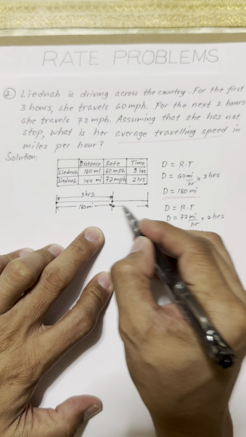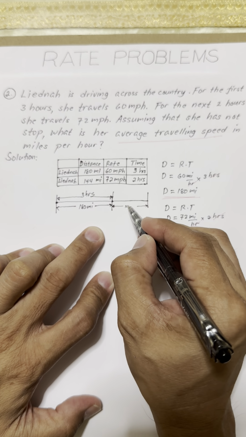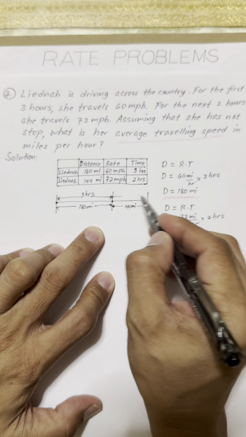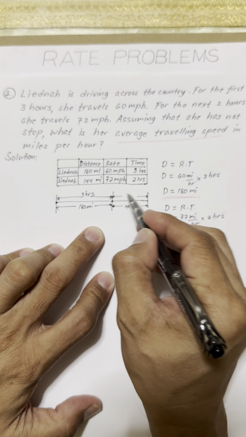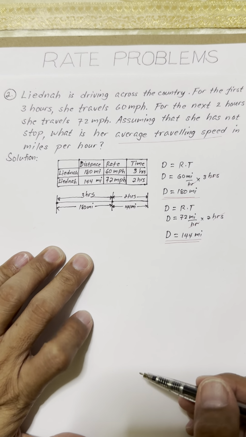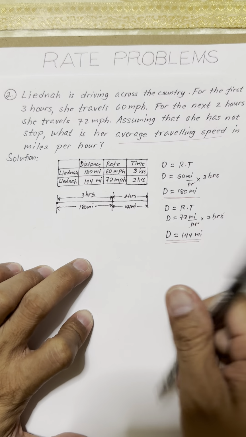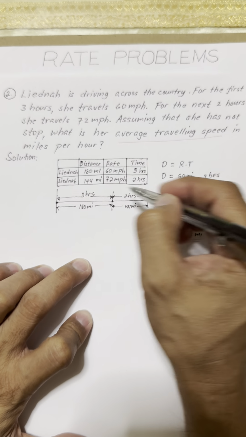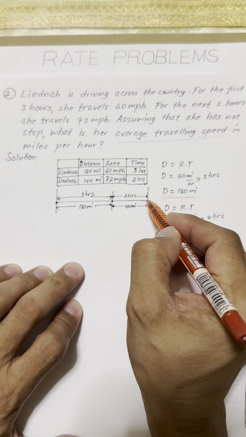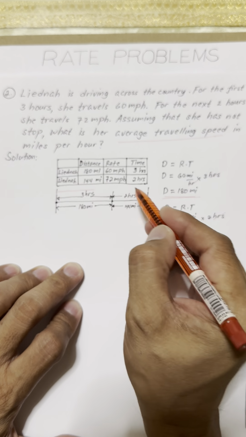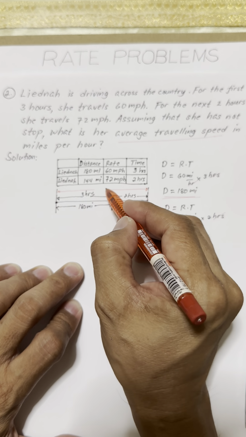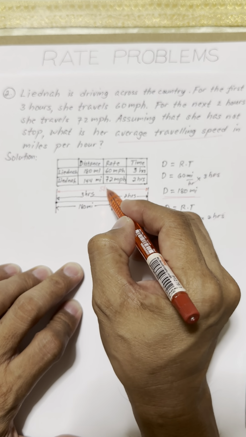Then for the next 2 hours, the distance traveled is 144 miles, and the time here is 2 hours. Then if you combine all the time, the total time from this point up to this point is 3 hours plus 2 hours, equal to 5 hours.